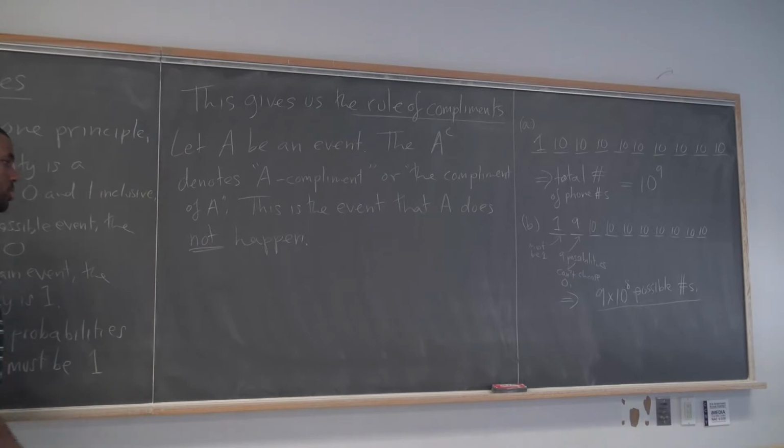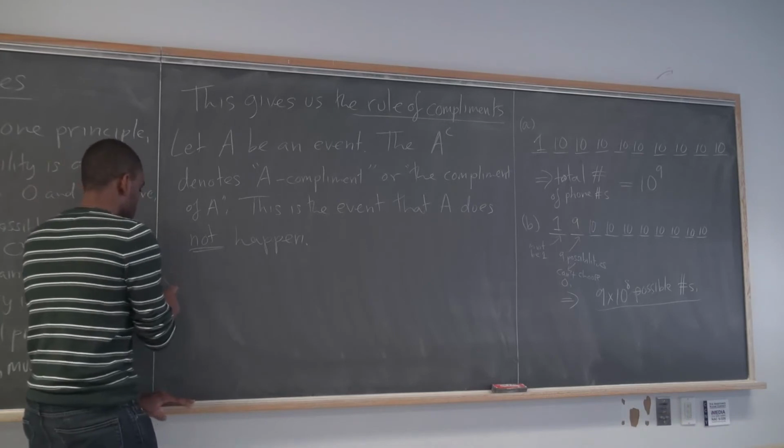Right? So if you're tossing a coin and you say A is the event that I get a head, then a complement would be the event you don't get a head. In other words, you get a tail. Right? It's just what you want does not happen. That event is called the complement event.